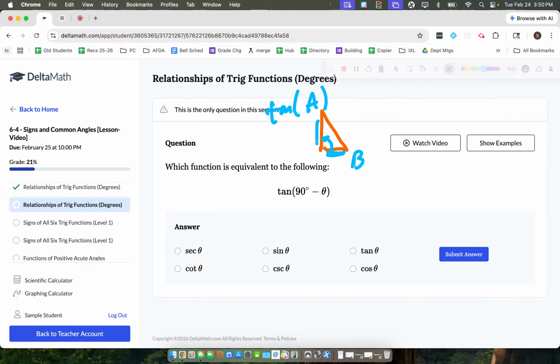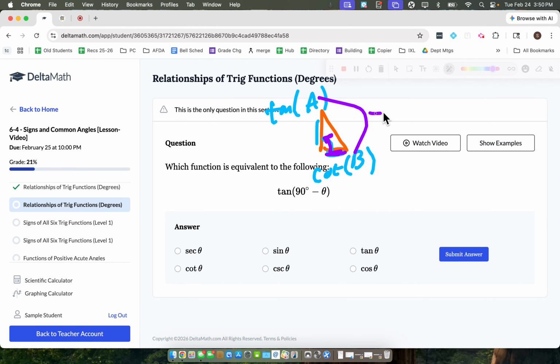But watch this. Cotangent of B is what? It's adjacent over opposite. Exact same sides. So the ratios are going to be the same.